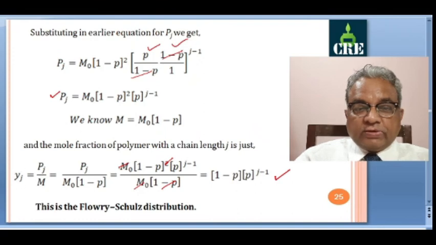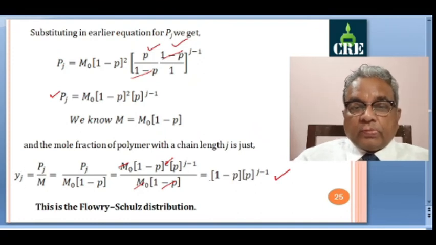So this mole fraction expressed in terms of P, 1 minus P into P raised to J minus 1, and this is a famous equation or a representation which is known as Flory-Schulz distribution.